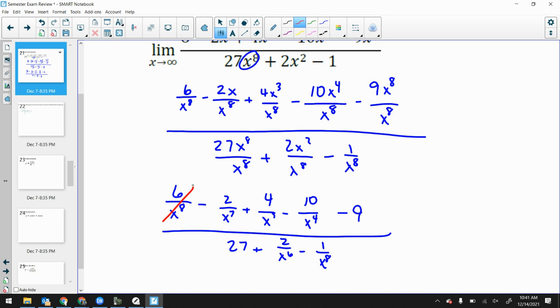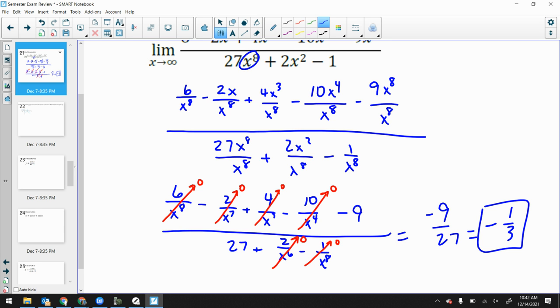So this is going to go to 0, this is going to go to 0, this is going to go to 0, this is going to go to 0. That's going to stay -9. This is going to go to 0, this is going to go to 0. So we have -9 27ths, which essentially is -1/3.